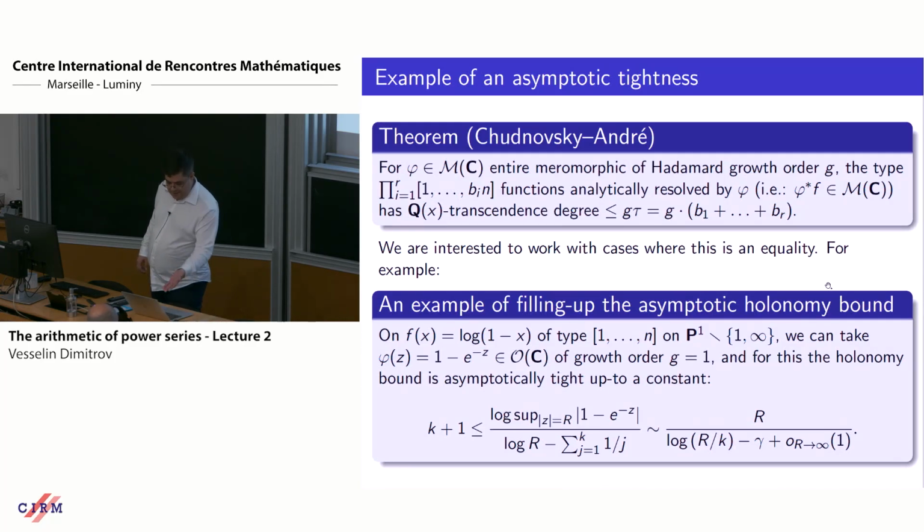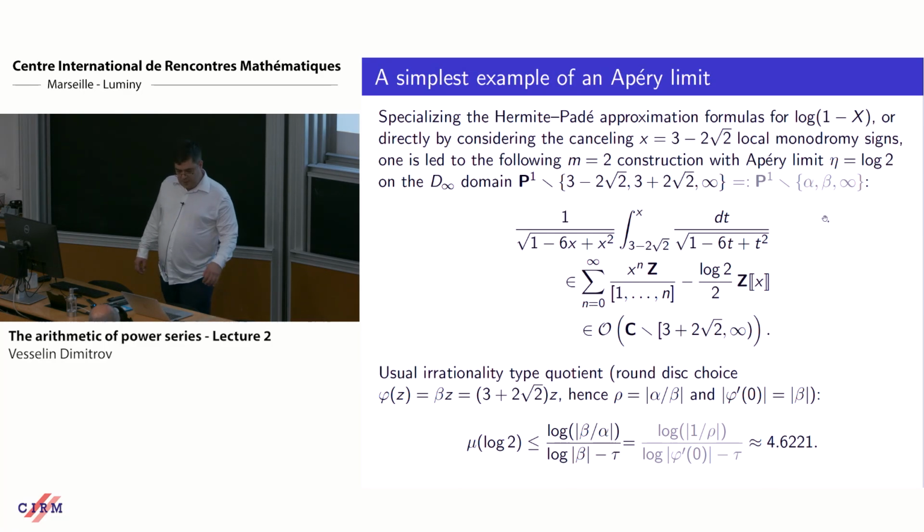And another example is from, for example, a CM elliptic curve where you have the Weierstrass P function, meromorphic of order 2, and you have vanishing p-curvatures for half the primes asymptotically, so that gives you also a near miss.